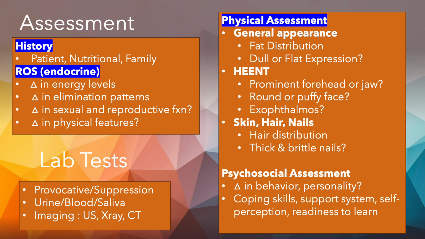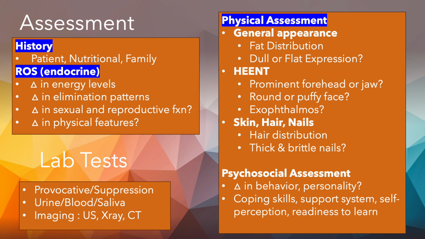And then some of the lab tests you can do, provocative suppression, those are more specific to figuring out ways that certain hormones are provoked or suppressed. So we look for certain things in the labs to see if we suppress this, then this hormone, we should get these results.